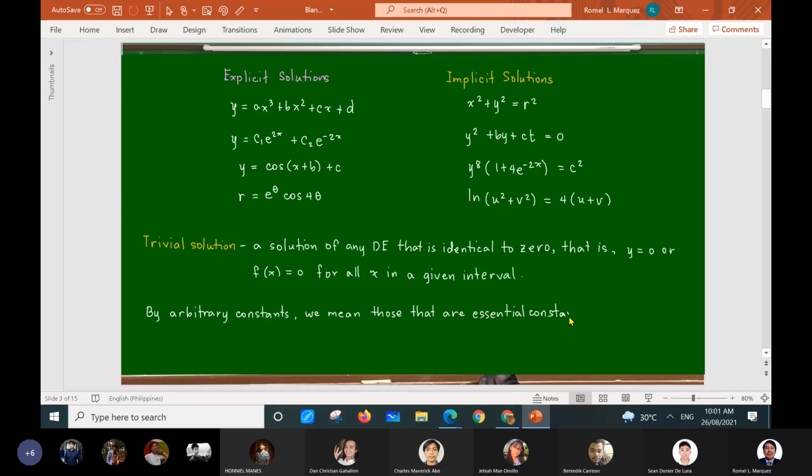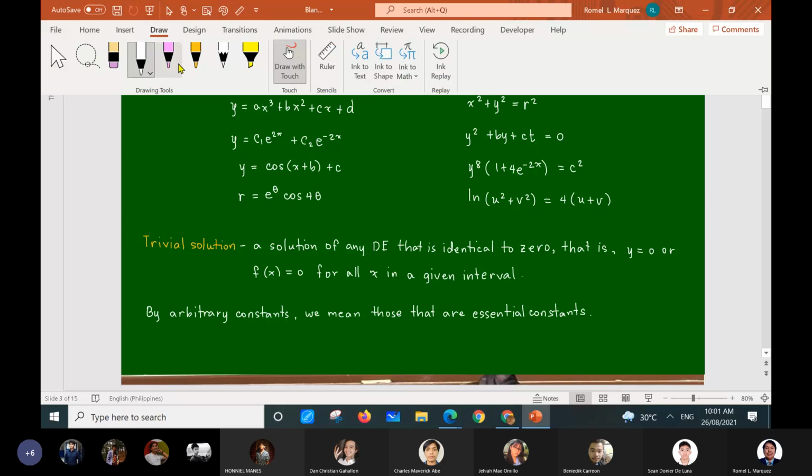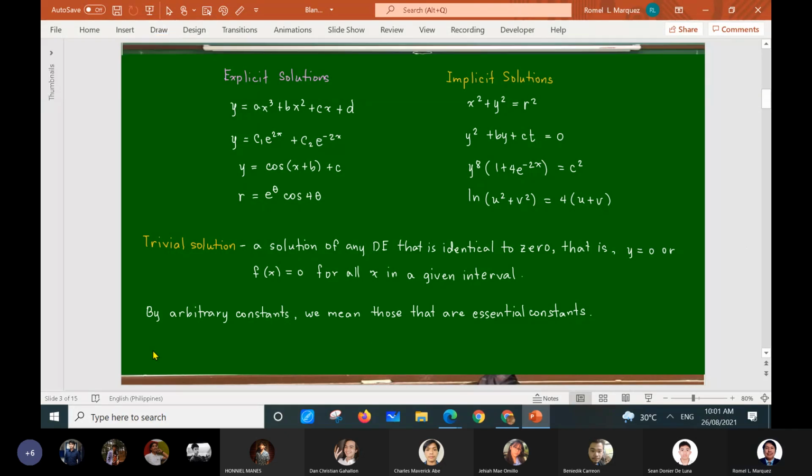Okay, guys? So what do we mean by essential constants? Guys, anyone? Does any one of you know what an essential constant is? Guys? Still alive?